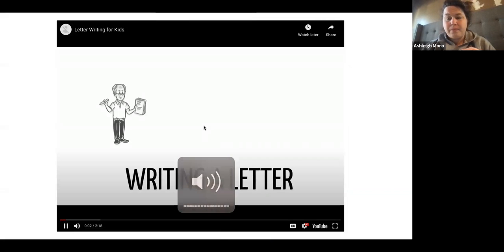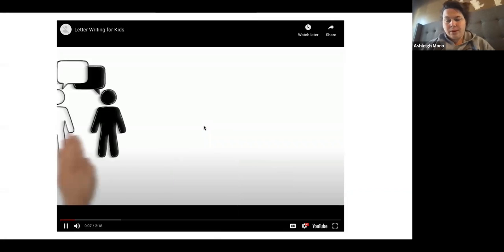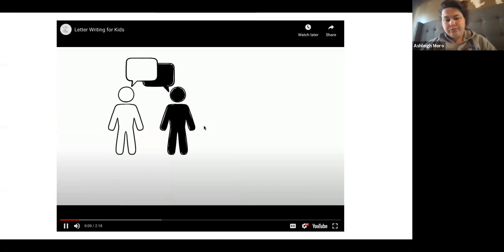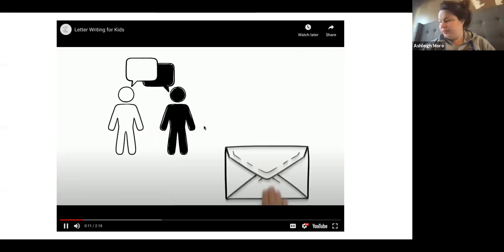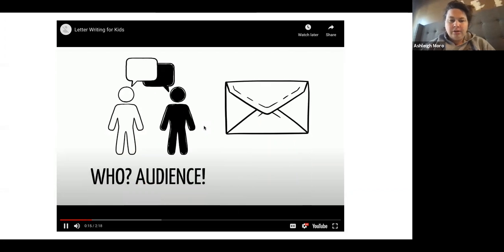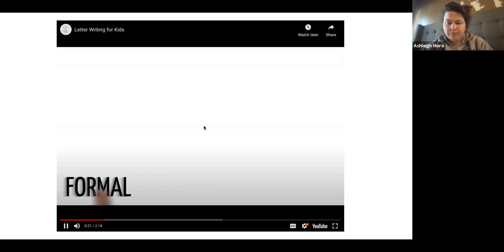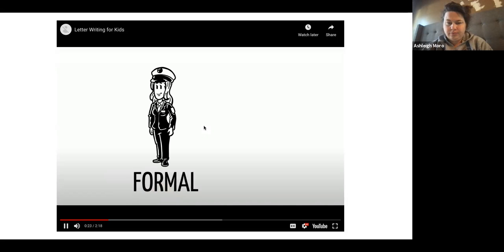Today, we're going to learn how to write a letter. Letter writing is a fun way to communicate with others. When we begin writing a letter, the first thing we have to decide is who we are writing to. This is known as the audience. Your audience may be formal if it is someone important you are writing to, or someone you don't know very well.